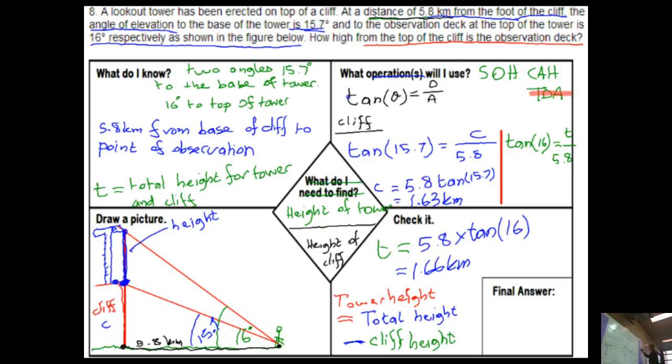Okay? So what do we get for our final result? Total height being 1.66. And we subtract the height of the cliff only. So we start with the whole lot and we subtract just the cliff height, and that gives you the tower height.